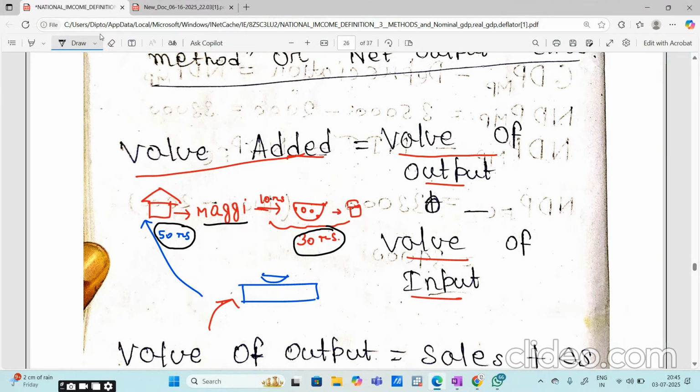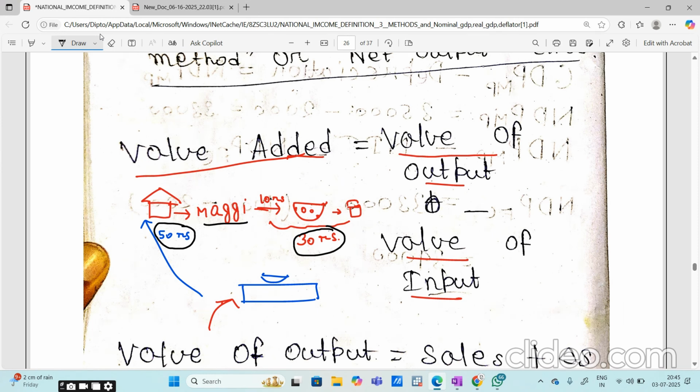I am making that Maggie, I am preparing it, using cucumber, sauce, salad, all these things, using a gas oven and preparing a complete dish and serving it to these people. So that additional 20 rupees is for the value addition that I am doing. I am combining all these things, and that combining is known as value addition.